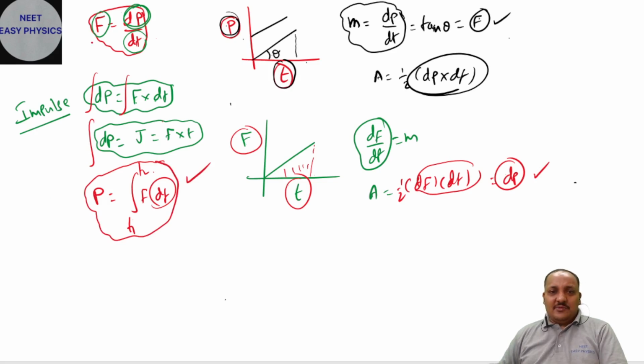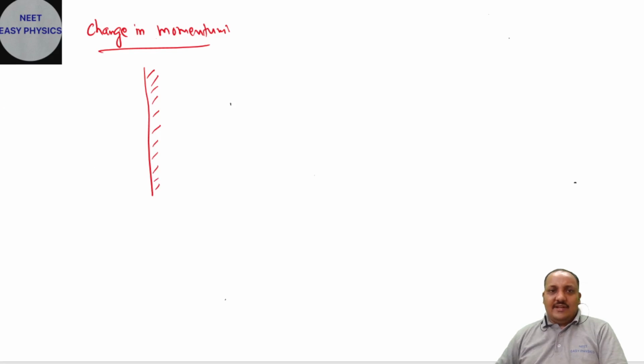So first we will see about force. In how many cases is force going to come? To see the force, we require change in momentum. So how are we going to get change in momentum? Let us assume an object is going to hit a vertical wall, or a ball is going to hit.